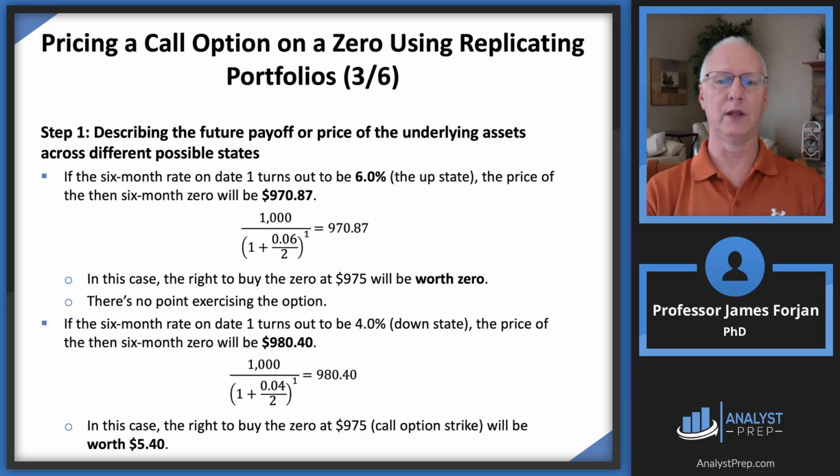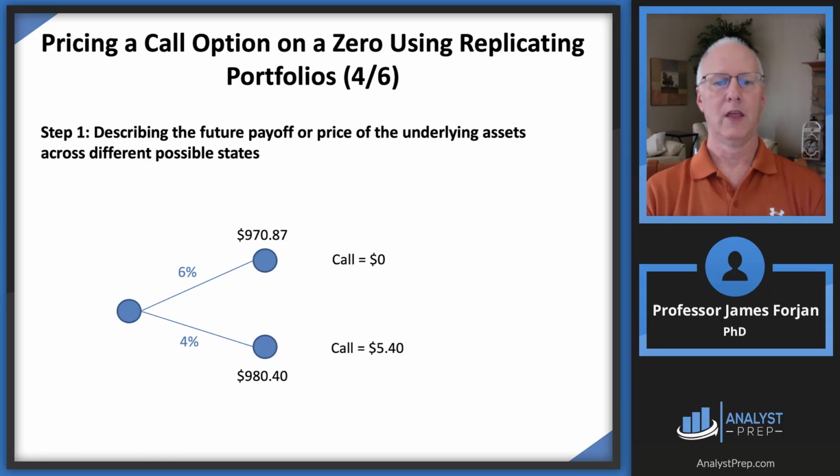I'm doing a little bit of rounding there. In one case, the option has value. In another case, the option does not have value. So when the interest rates fall down to 4% in the down state, then that option is going to have, and look at it, it's right there at the bottom, $5.40 of intrinsic value.